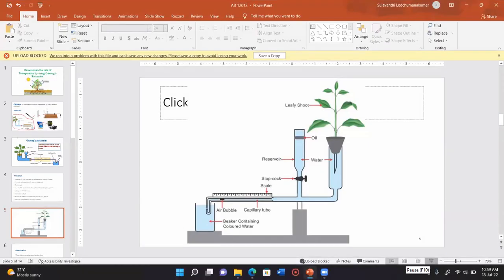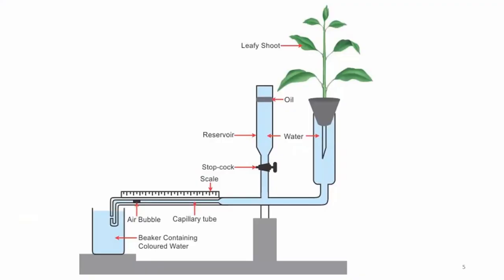Okay, some person asked about this practical procedure, so I will explain again. This is the Ganong's Potometer to measure the transpiration rate.